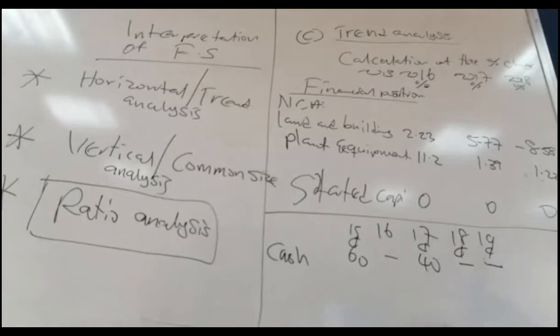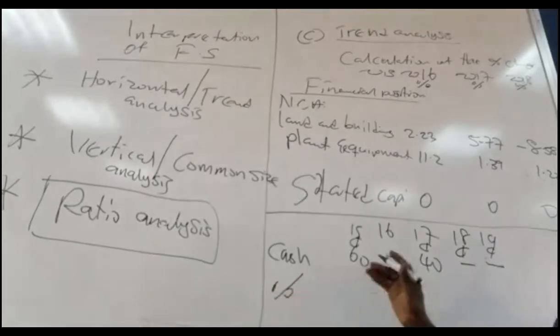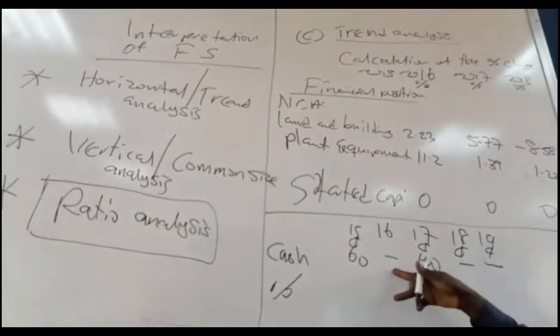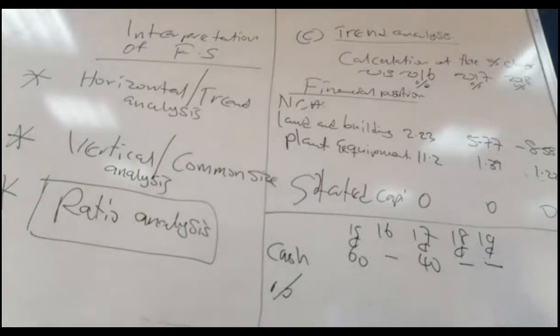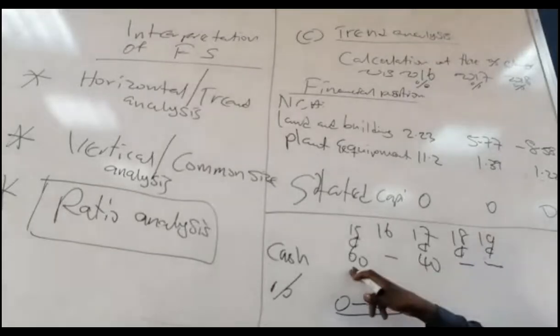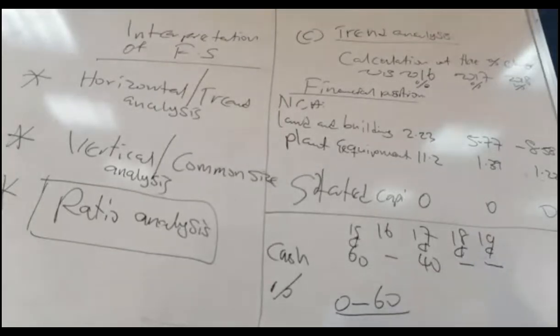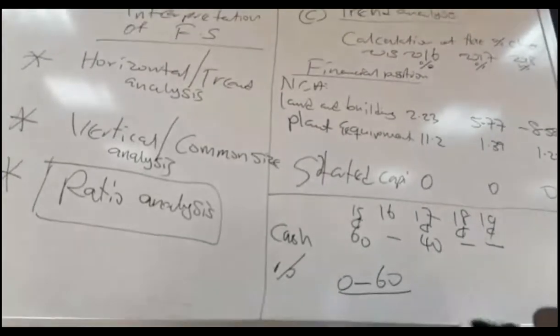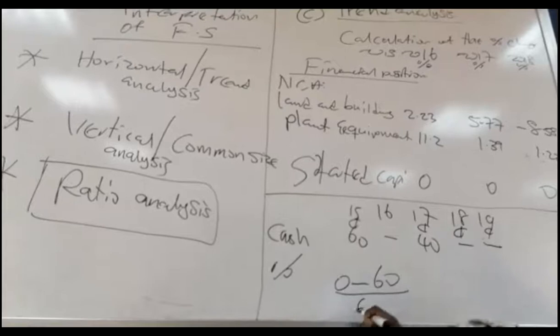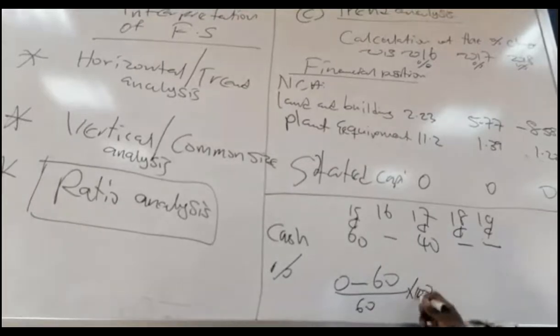So first, percentage change, you start from 2016, right? Dash. So if I should code the formula, it will be something like this: 0 minus 60, all divided by the previous, which is 60, all over 60 times 100, and that will give us negative 100.